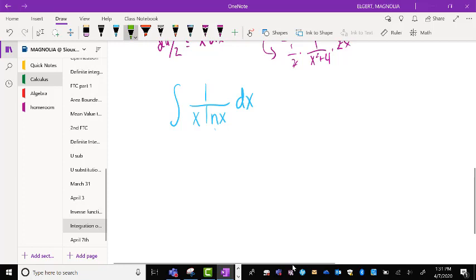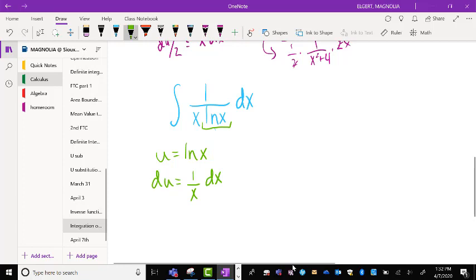So what you have to think about is you're looking for patterns. Which part of this function is a derivative of the other? Well, I'm going to let u equal the natural log of x so that I can show you. That means my du would equal, from the previous lesson, the derivative of the natural log of x, which is 1 over x dx.